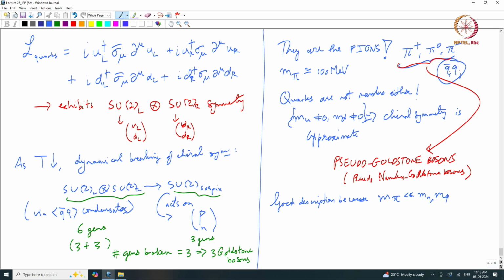So, this is a very good understanding of how the pions arise and why they are not massless. So, this is a wonderful example of both dynamical symmetry breaking and explicit symmetry breaking. Why? Explicitly the masses not being 0 means the symmetry is already broken. Okay.